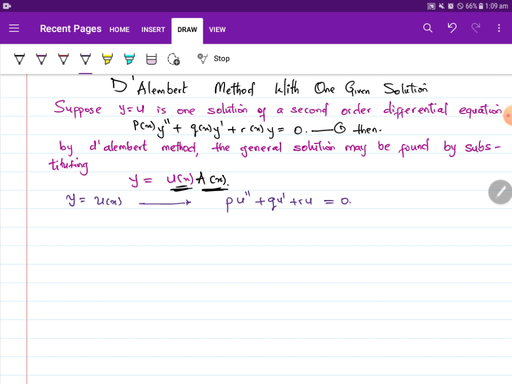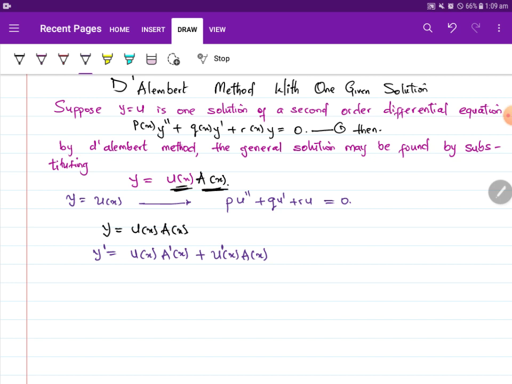Now, how do we solve? Since we believe that our general solution is y equal to u of x times a of x, we can decide to take the first derivative. Then y prime will be u of x a prime of x plus u prime of x a of x. That's the product rule.